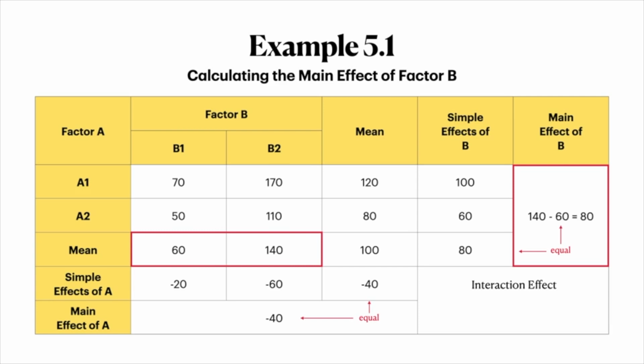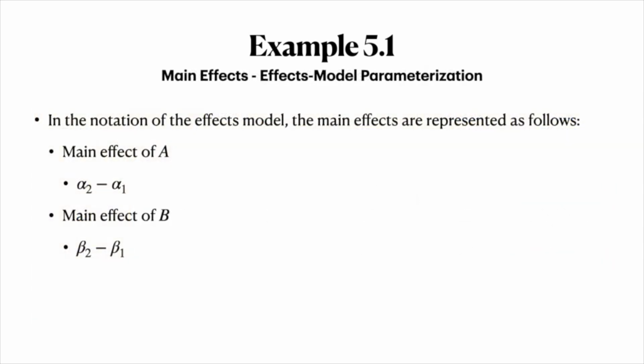So we've seen here two different ways for calculating the main effects of A and B. But there's a third way as well. In the notation of the effects model, the main effects are represented as follows. The main effect of A is equal to alpha 2 minus alpha 1, and the main effect of B is equal to beta 2 minus beta 1.